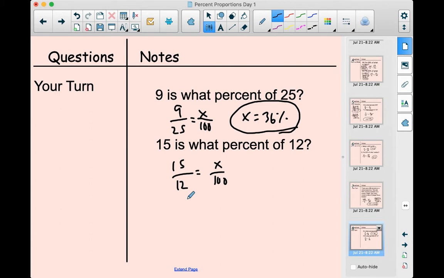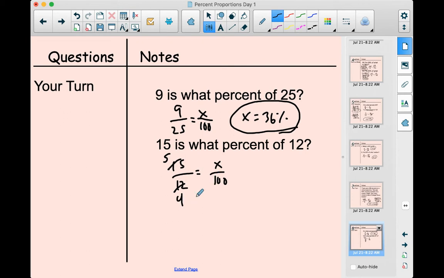That might make my numbers easier to work with, because right now I don't have a number I could just multiply 12 by to get 100. But if you look at 15 and 12, they're both divisible by 3. If I divide those by 3, I get a 5 and a 4.